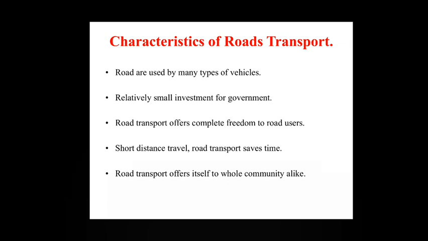Now, the characteristics of road transportation. Roads are used by various types of vehicles like passenger cars, buses, trucks, two-wheelers, three-wheelers, bicycles, etc. That means a single road can be used by a variety of vehicles.